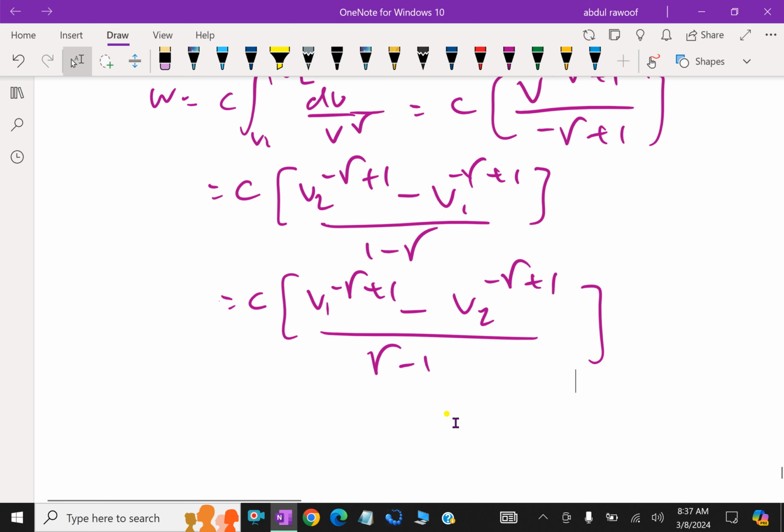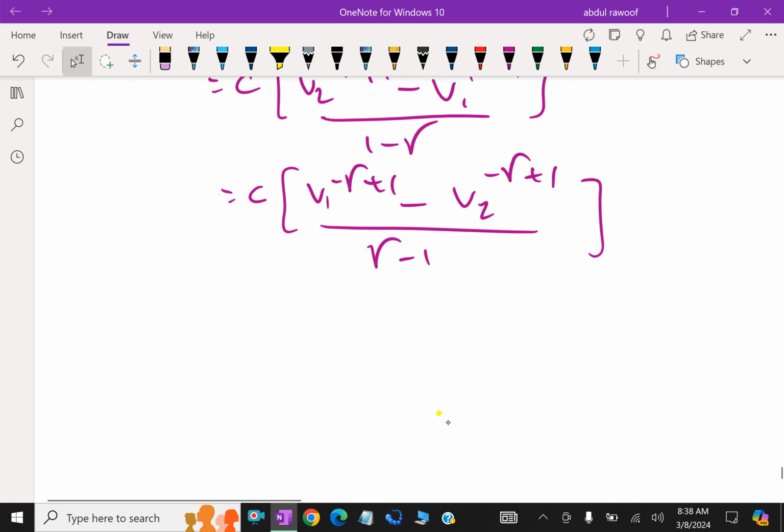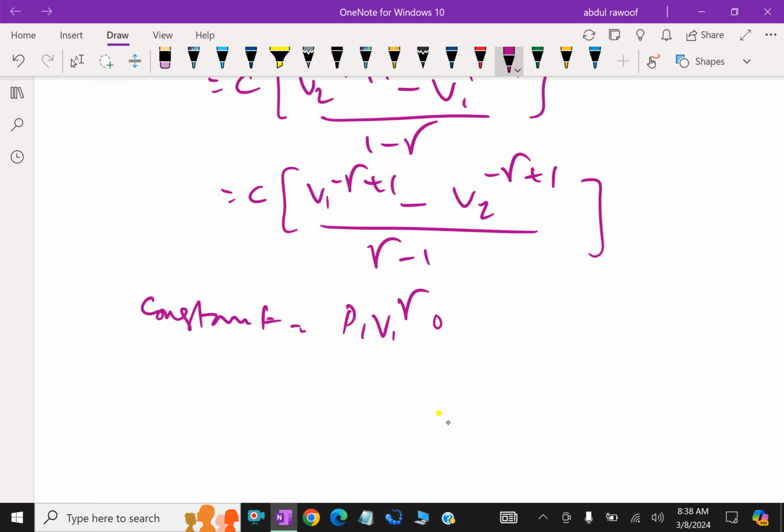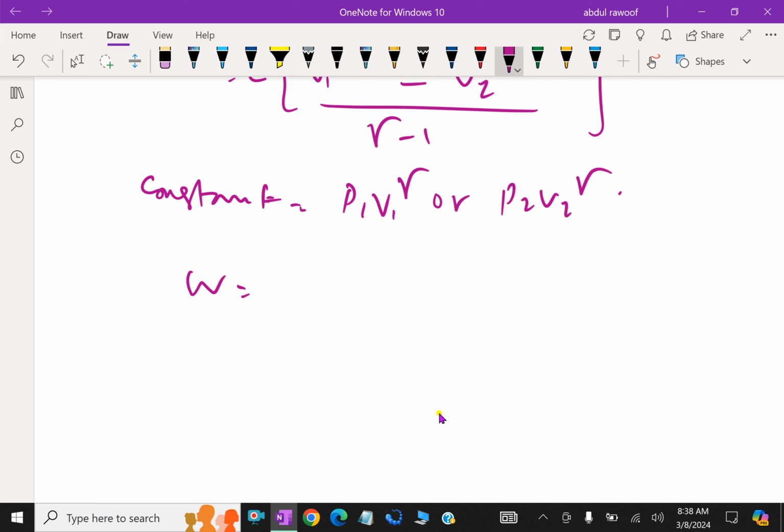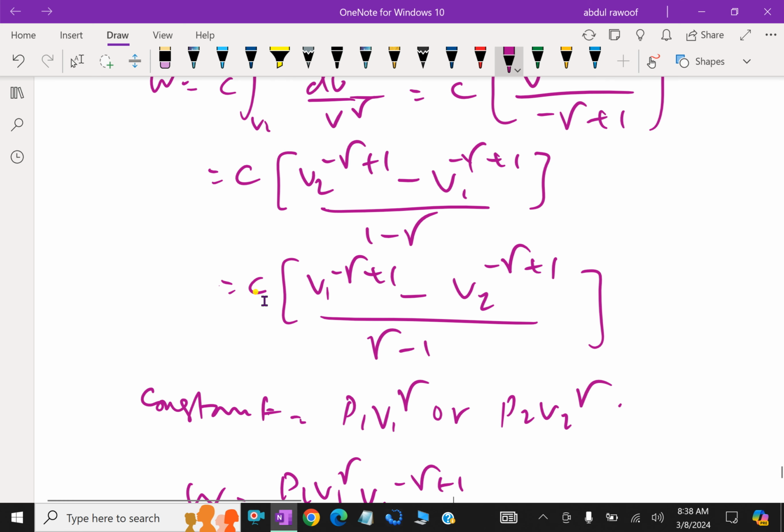Now the constant in this equation can be written as constant C. Therefore the constant in this process is equal to P1 V1 power gamma or P2 V2 power gamma. Therefore, substituting the constant values, we get P1 V1 power gamma into V1 power minus gamma plus 1, that is, you are substituting the constant C here.